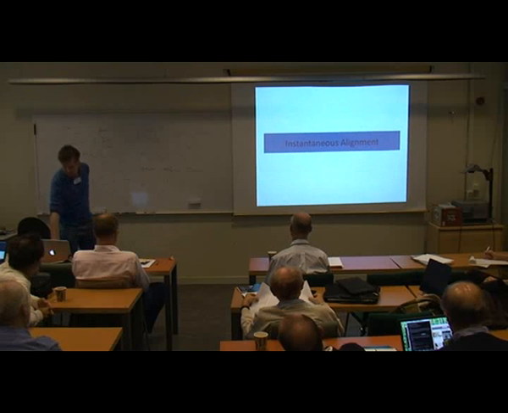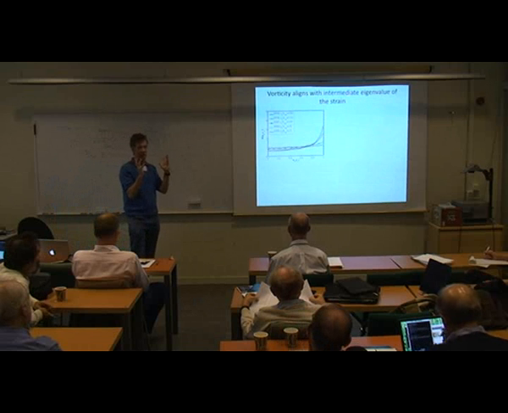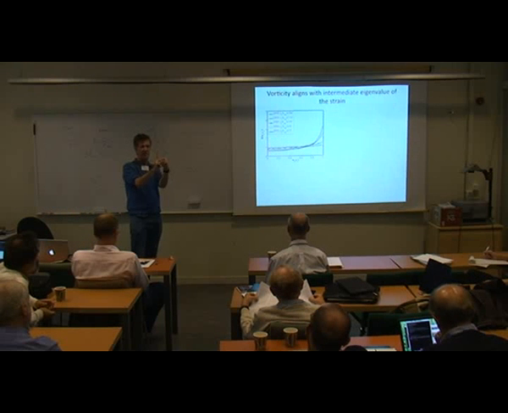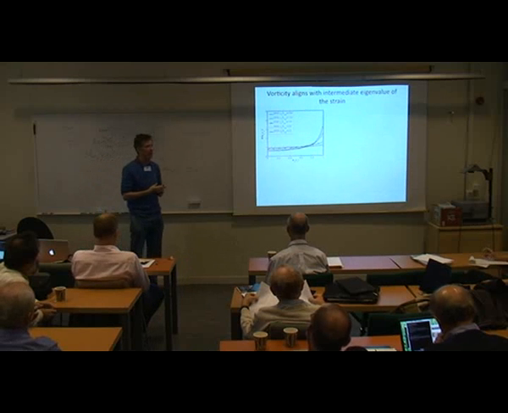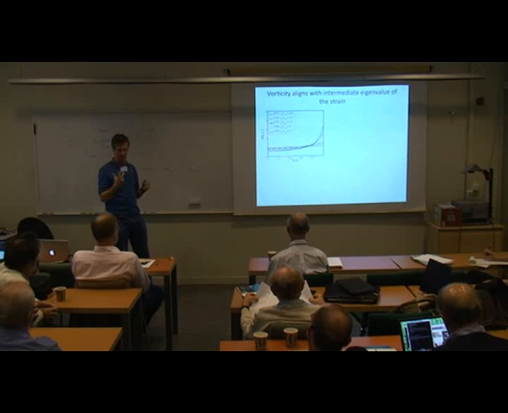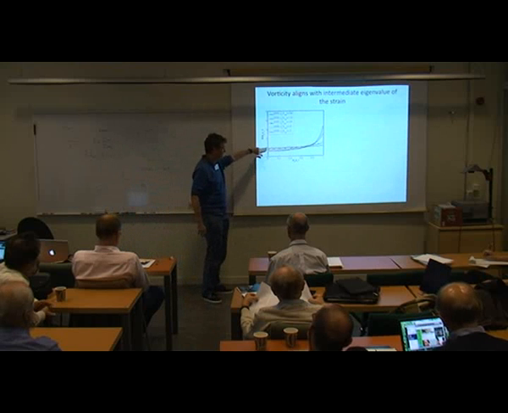Okay, so instantaneous alignment. Like I said, it has been documented how vorticity and the strain align at the gradient level. The obvious question now is what happens when I look not at the gradient, but at the perceived velocity gradient tensor, i.e. with a finite distance. Typical results are shown here.